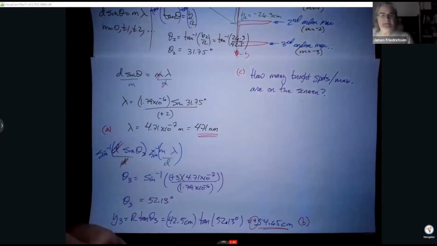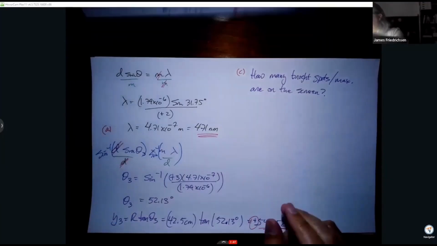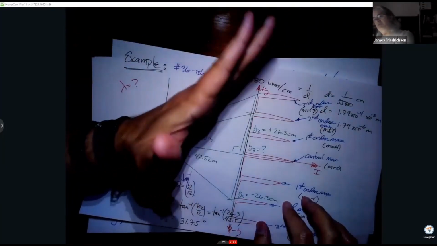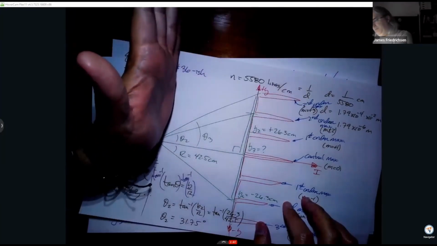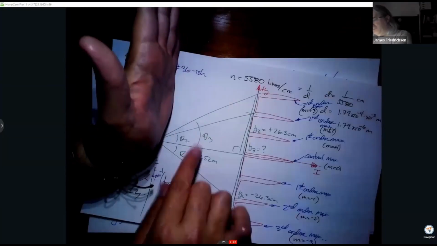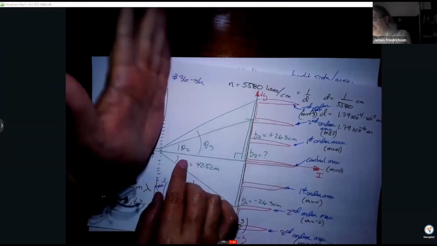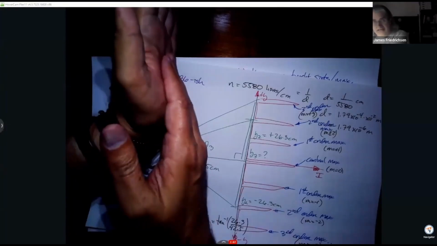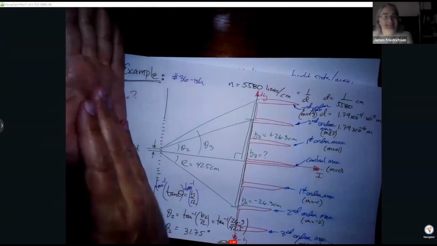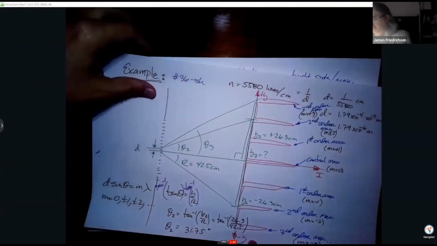Okay. So the thing is that you can keep going further and further out, and really the point where you no longer hit the screen is when this angle from the center out is 90. So at theta equals 90, we're no longer hitting the screen. So anything less than that should form on the screen.